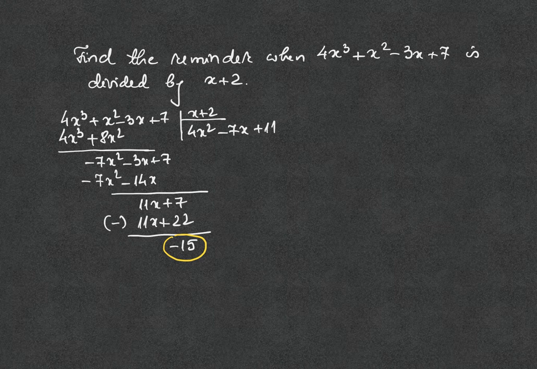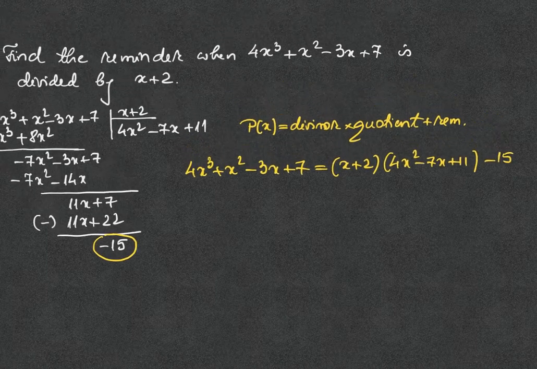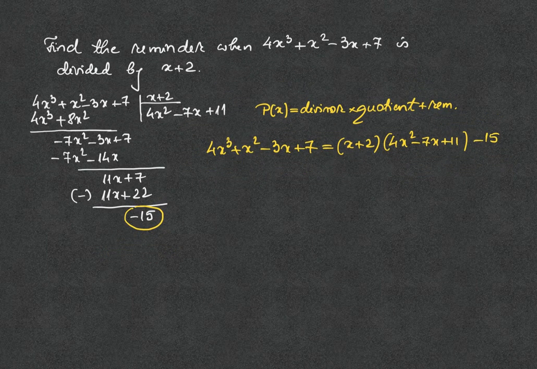So let's use what we've done last time when we wrote that any polynomial can be written as divisor times the quotient plus the remainder. So in my case, okay, so I can write, starting from the operation that we've done here on the left, this statement.